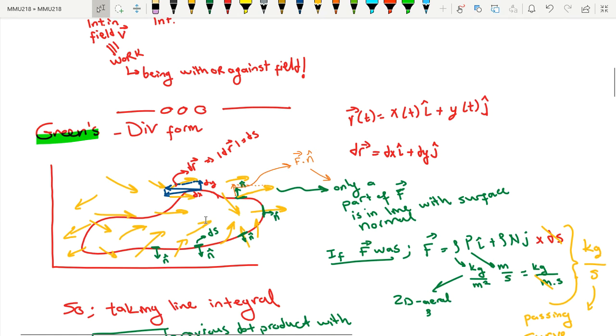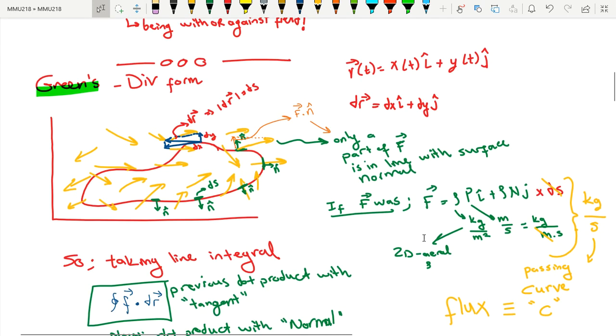Why is that so? Because let's say I'm going to consider this field as my flux. How come? For this F to get a physical meaning, I will multiply the vector field by my areal density, because I don't have a volume yet.